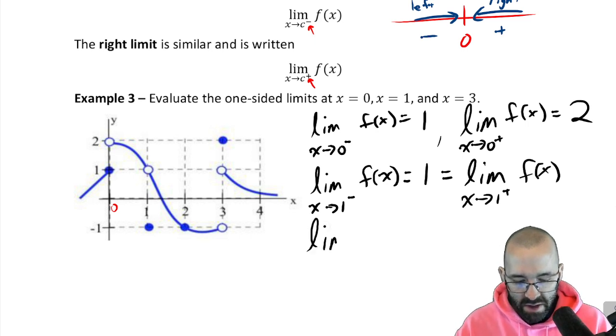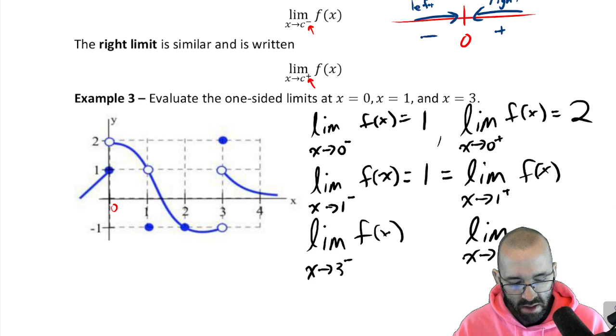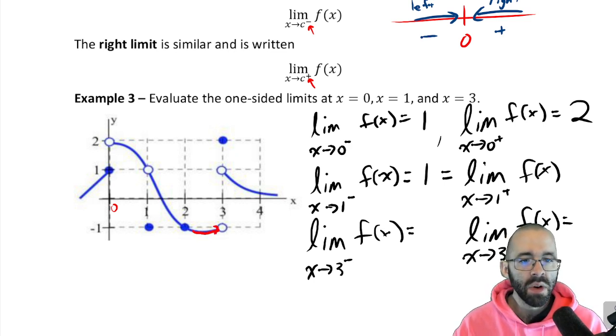All right, and last one, the limit as x approaches 3 from the left, and the limit as x approaches 3 from the right. What are those? Well, as our input is getting close to 3 from the left, our output is approaching -1.